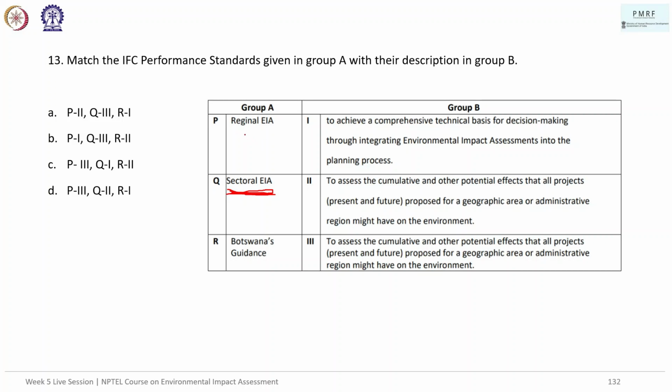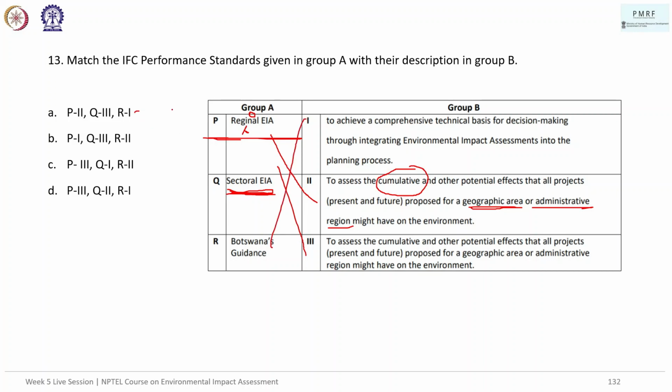Here, regional EIA is given. So to assess the cumulative and other potential effects that all projects present and future proposed for a given geographical area or administrative region might have on the environment. So usually cumulative assessment also comes under regional EIA. Usually, right? So P turns out to be both 2 and 3, unfortunately, and R is 1.